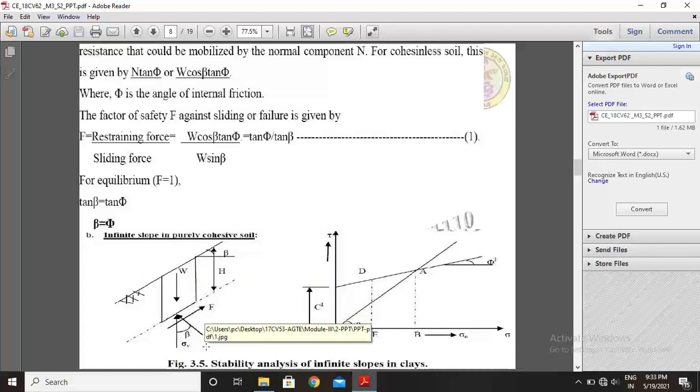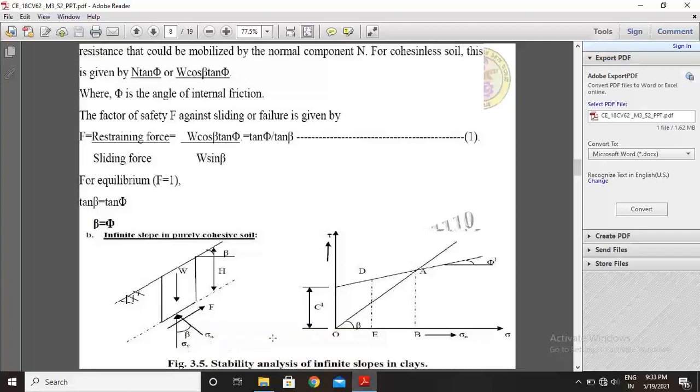Now locate the normal force, tangential force and shear stress acting at an angle beta. See, this is sigma V, this is force F, self weight is acting downward, then force is acting upwards, and this is normal, sigma, this is sigma V.